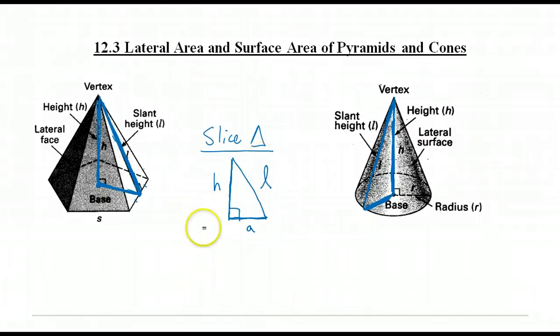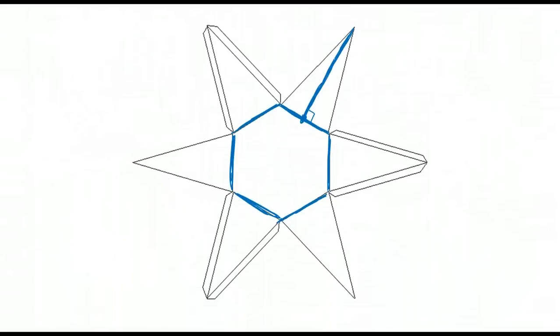So let's use that information to develop a formula for the lateral area of a pyramid and a cone. If you remember, the lateral area is the area of all of these triangles. So I want to use the area of a triangle formula. The area of a triangle is 1/2 times base times height. Well, the base of all of these triangles will make up the perimeter of my base.